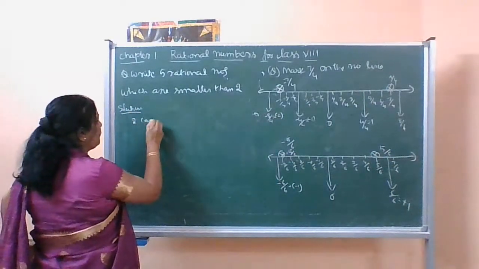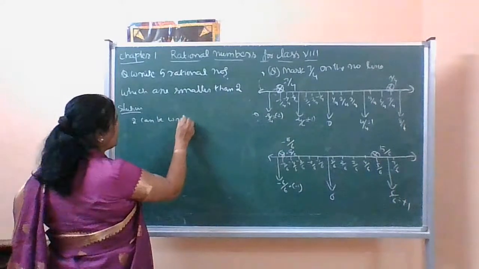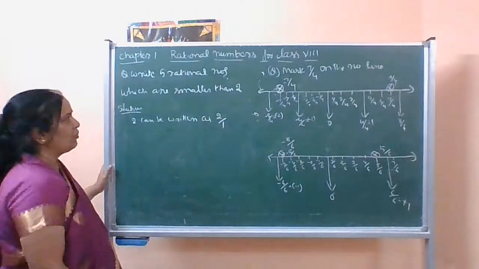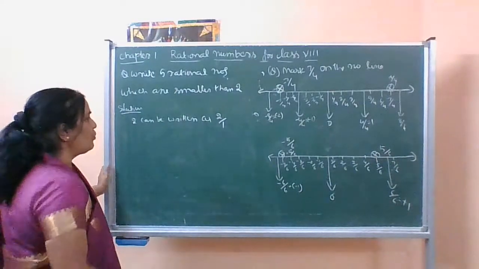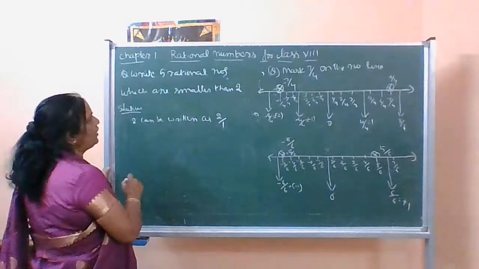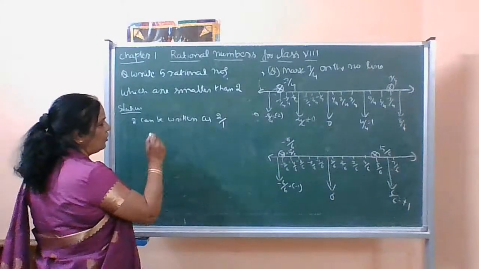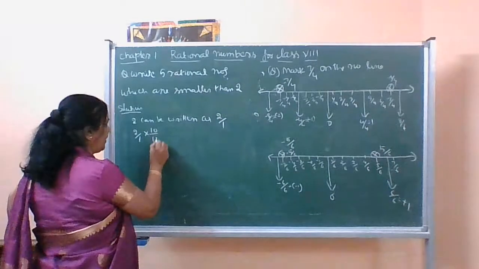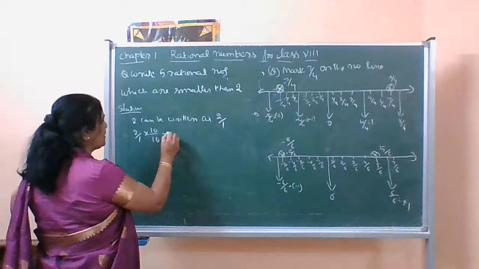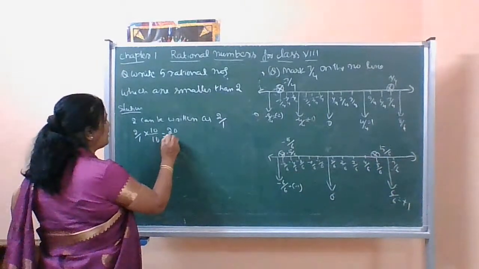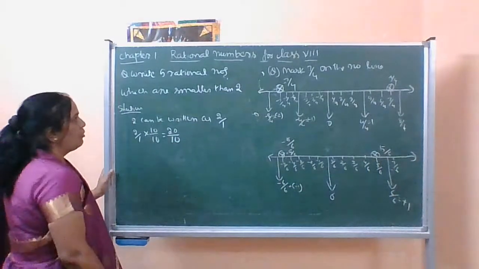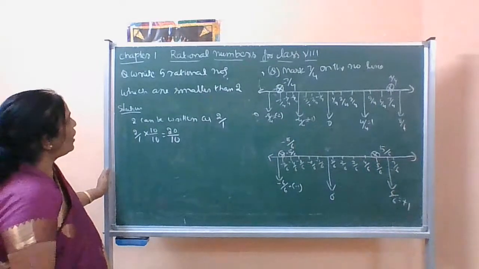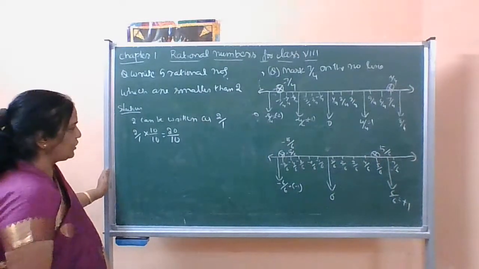2 can be written as 2 by 1. And if you multiply both the numerator and denominator by the same number, that means 2 by 1 multiplied by 10 by 10, you will get 20 by 10, and they are asking you to write 5 rational numbers.